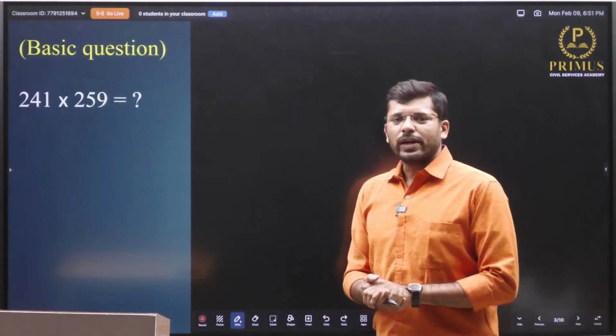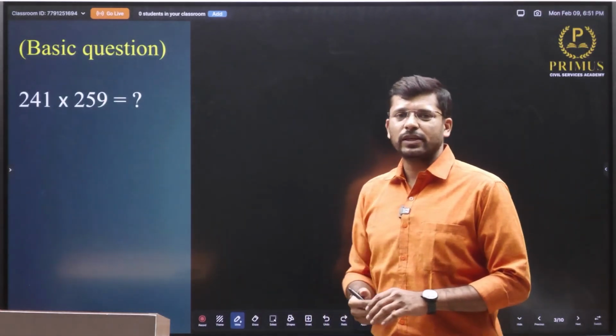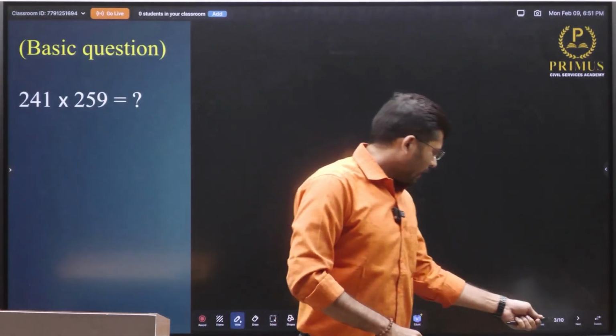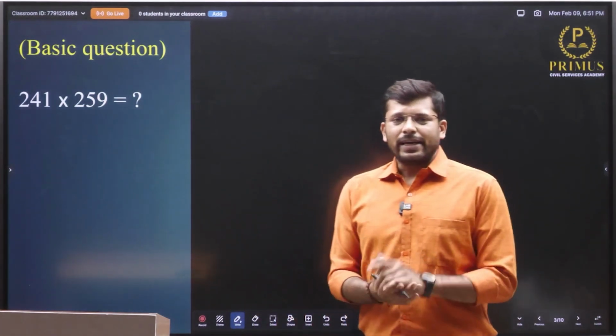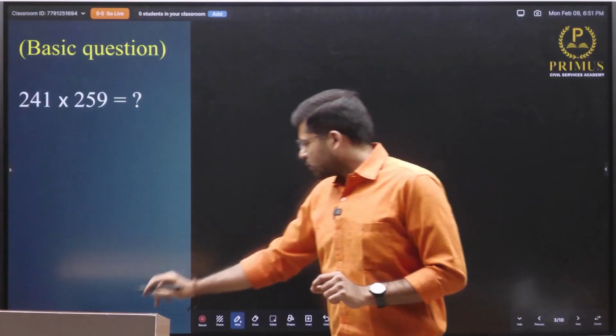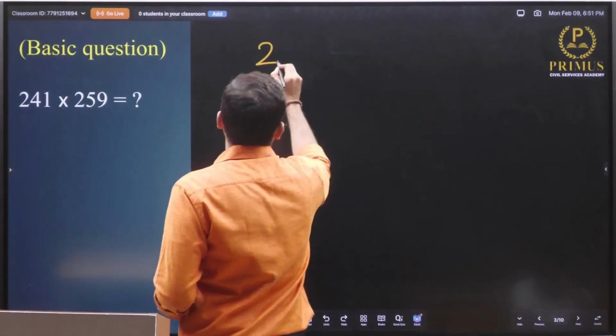241 into 259 equals question mark, and this is a basic question. How is it a basic question? Because we can use the identity that we just learned to solve this problem. See, 241 into 259.